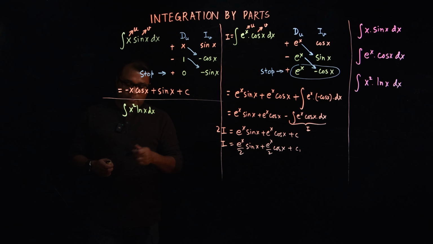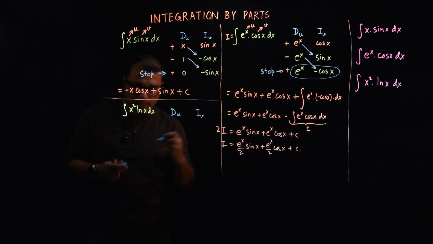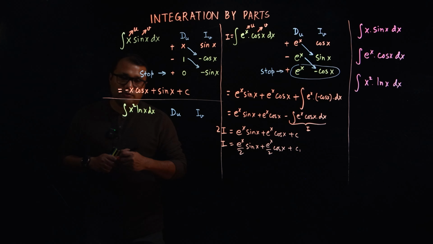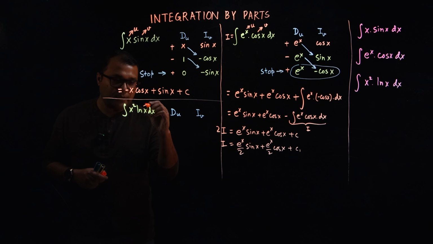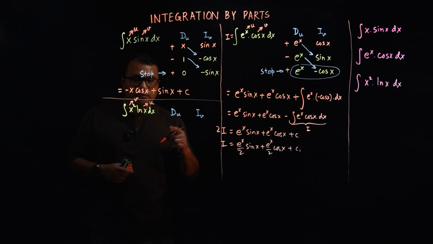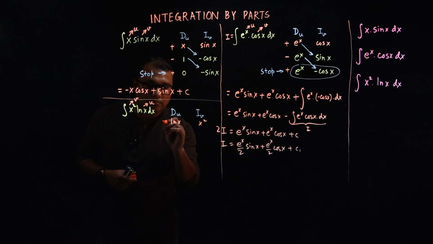Okay. Same thing, we will build out the table, we differentiate u and integrate v. Now, ln x is difficult to integrate, but it is easy to differentiate. So, this is the function that I will pick up as u, and x square we can pick up as v. Okay. So, u is ln x and v is x square, plus minus plus.